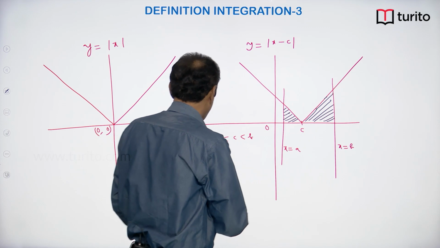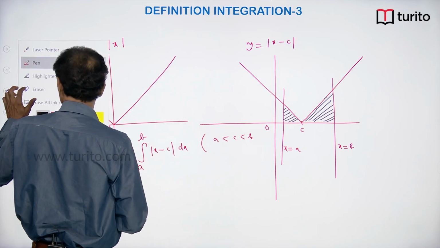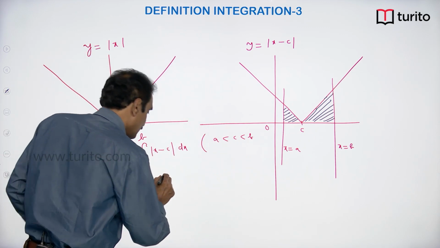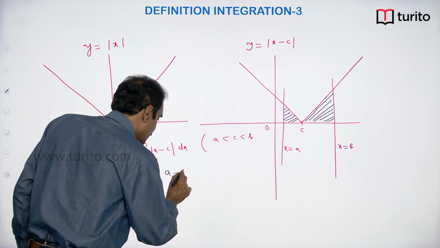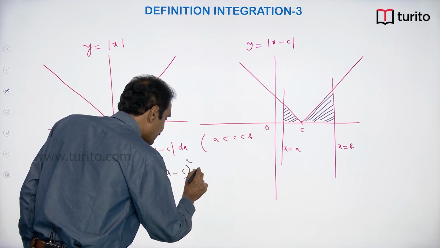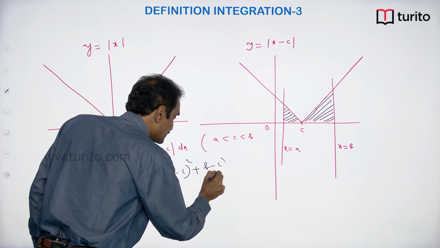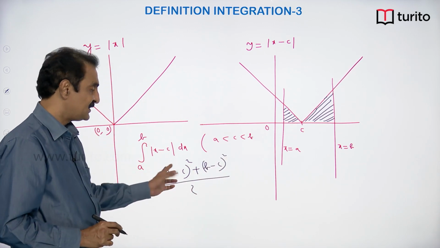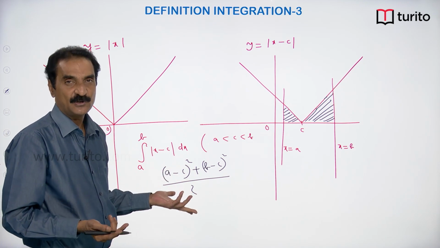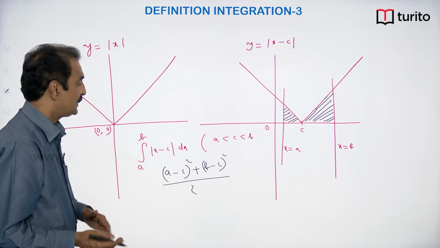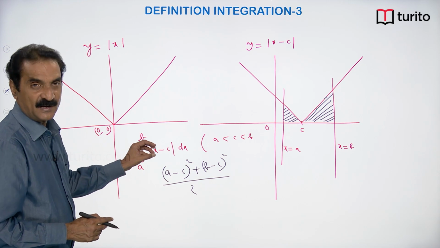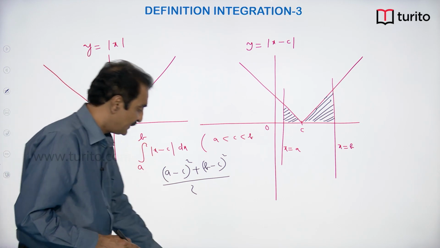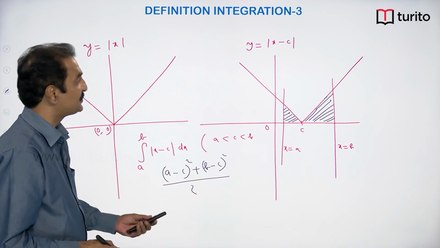So sum of these two areas will be given by a minus c whole square plus b minus c whole square by 2. We can write c minus a whole square or a minus c whole square, both are same. Okay. If you can remember this result, then you can solve the previous question very easily.